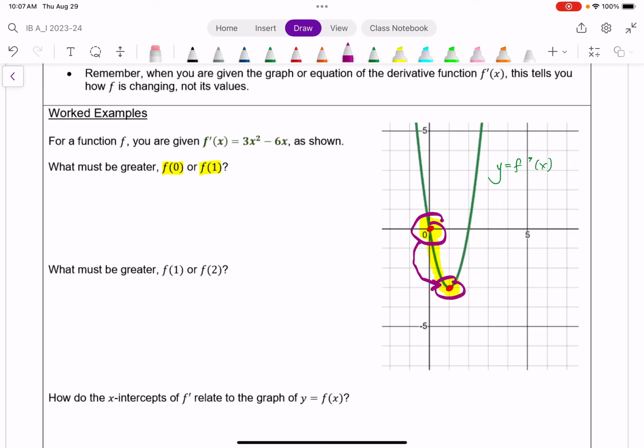And so I don't know what these values are, but I do know the function has gone down between 0 and 1, which means I know f at 0 must be greater. It's impossible for me to know what f at 0 is because I haven't been given enough information, but I know it must be a greater number than f at 1.